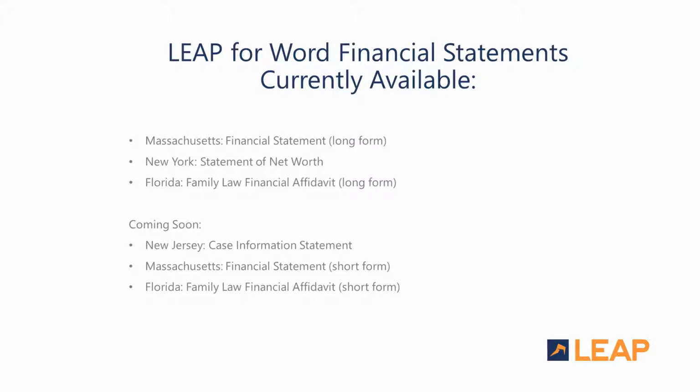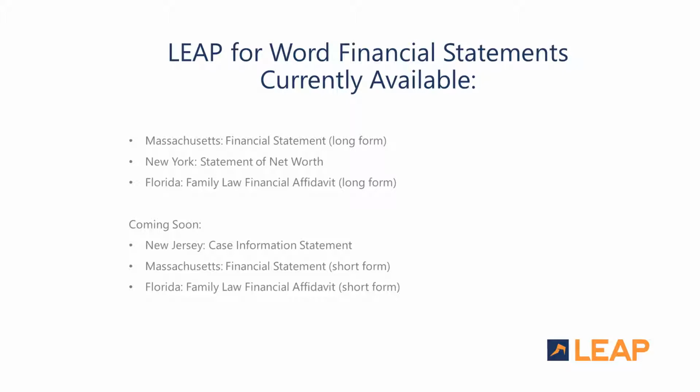Soon also to be released are the Advanced New Jersey Case Information Statement, also known as the CIS, Massachusetts Financial Statement short form, and the Florida Family Law Financial Affidavit short form. We'll be rolling out financial statements for other states into the future as well.